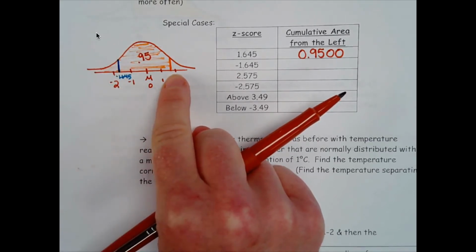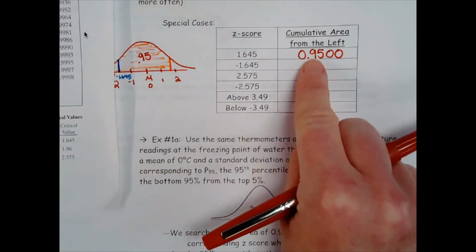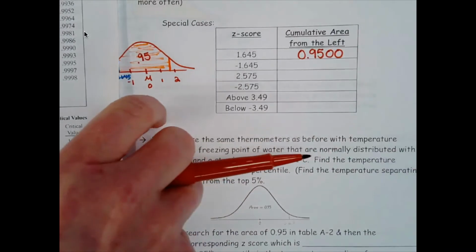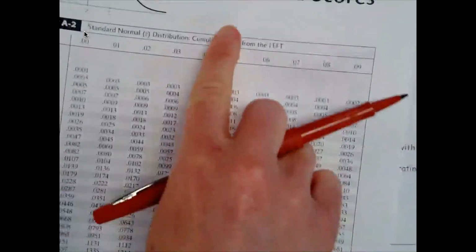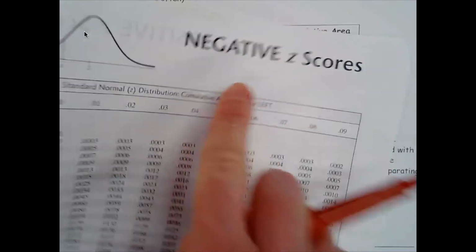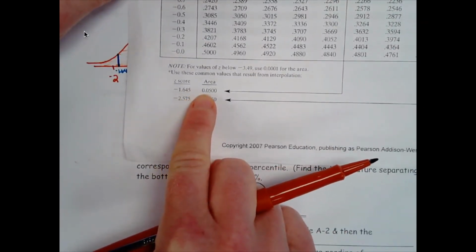Added together, they'll equal 1. So you do 1 minus 0.95, or we could look at our table at the negative z-scores. It's 0.05, 5%. 5% and 95% make 100%.